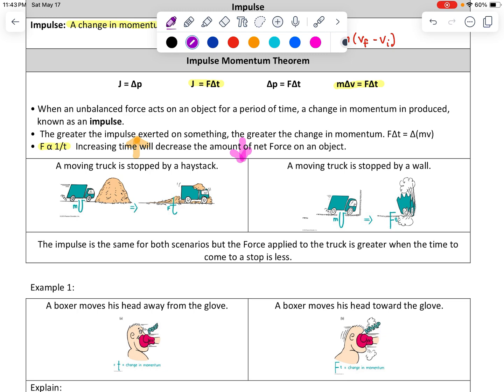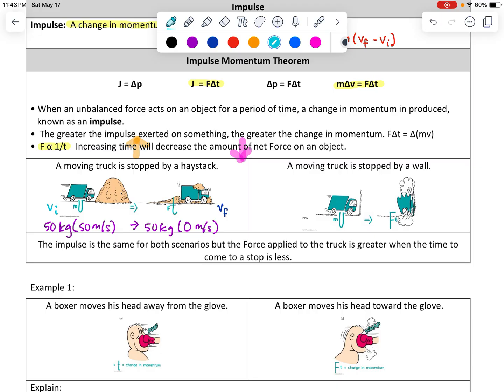Let's pretend that this is a 50 kilogram truck, and it's moving at 50 meters per second. Then it goes to 50 kilograms at 0 meters per second. And if this is Vf, that means this is Vi.